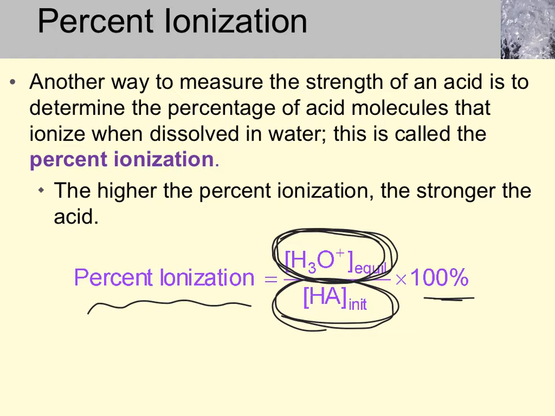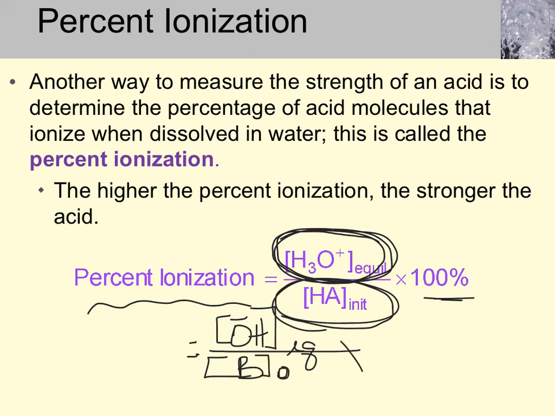In the case of percent ionization for a base, obviously the ion we're talking about if we have a base is the hydroxide ion. So that would go in the numerator, concentration of hydroxide at equilibrium, of course, because there's 0 typically initially, over the concentration of the original base. I'm going to put 0 to mean original. Times 100.